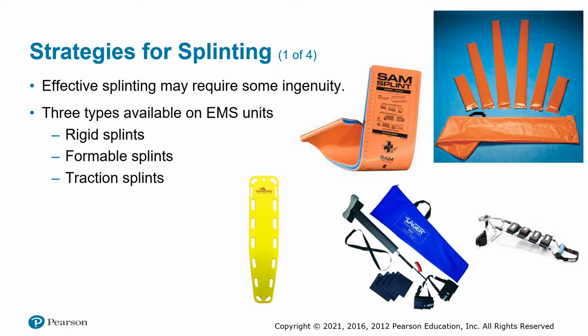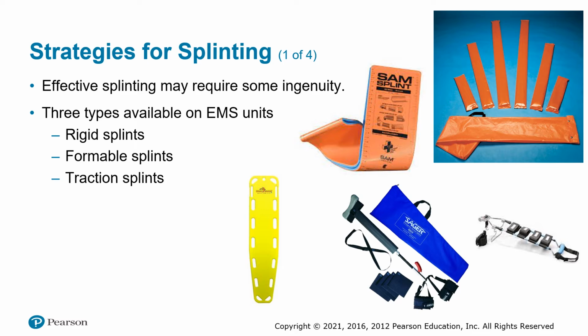There are rigid splints, such as the backboard and the splint boards up there. There are formable splints, such as the SAM splint, and then there's the traction splint. This one right here in the middle of your pictures is the Sager.